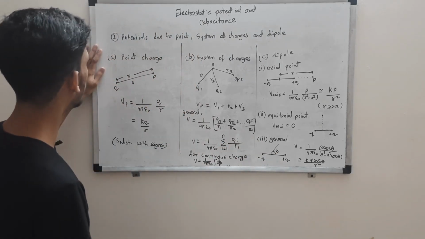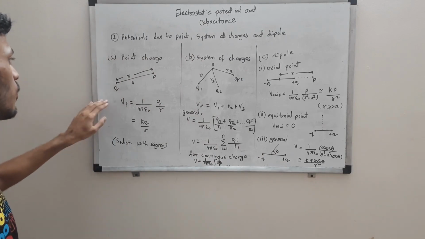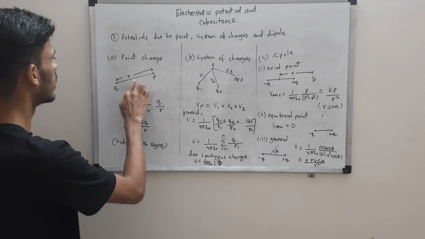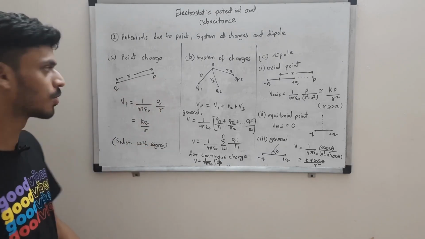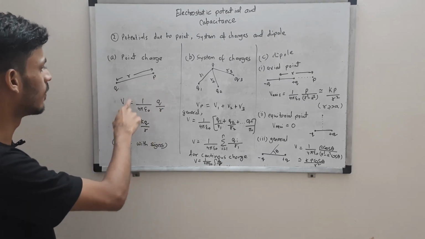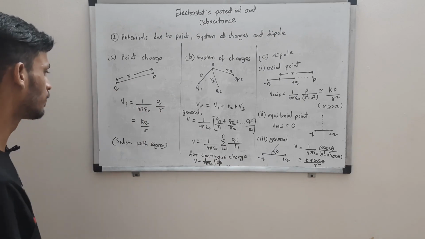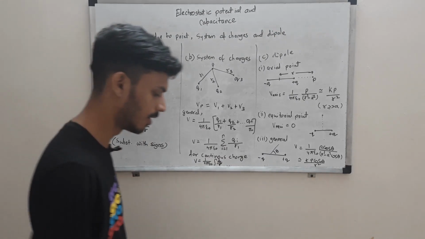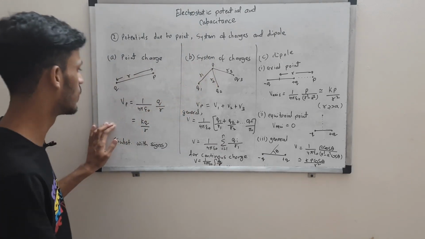So here we have point charge. For a point charge q, the potential at a distance r at a point p is given as kq by r. It's a result, we'll be deriving it in the next video.